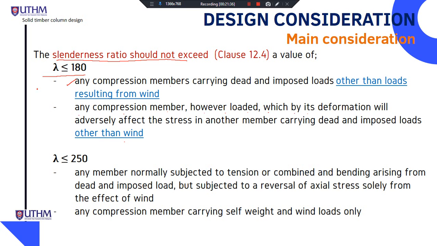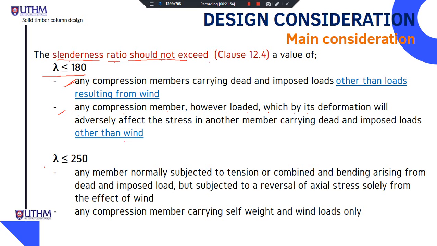So this is the first condition, where the slenderness ratio should not exceed 180.